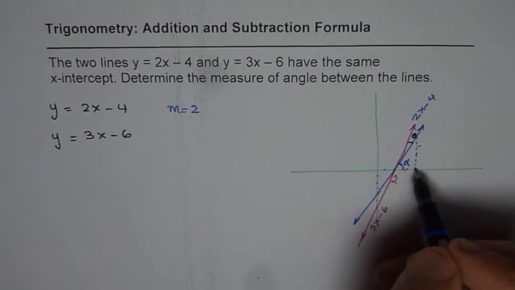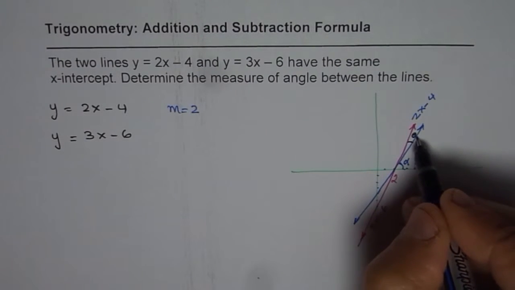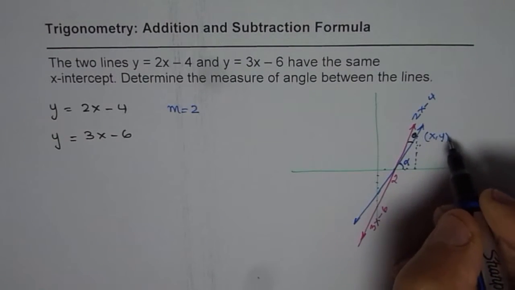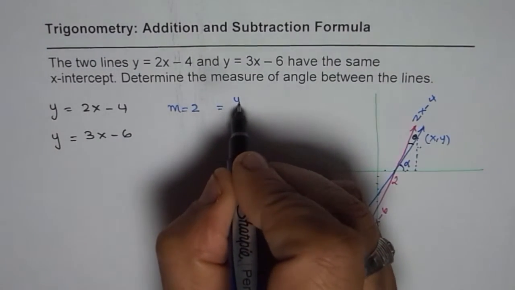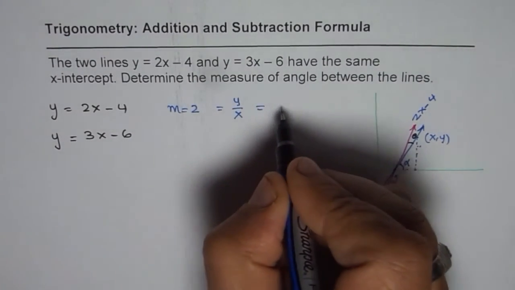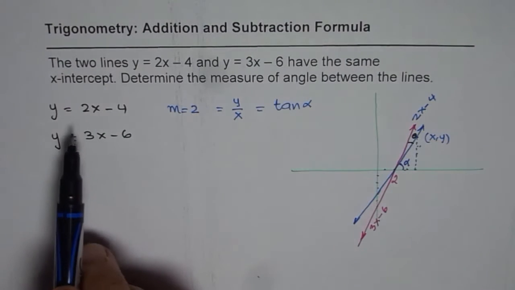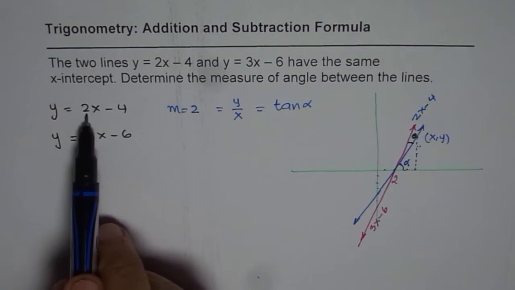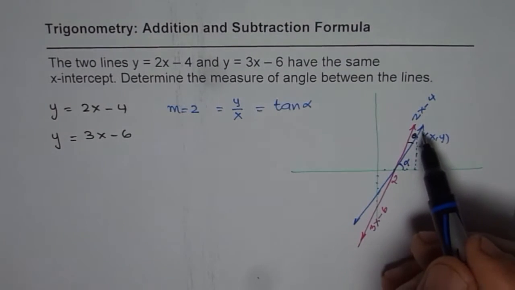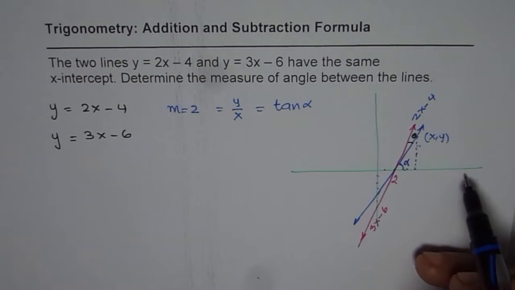So m is 2, which is, in our case, let's say the coordinates of these points are x and y, general points, right? So it equals y over x. Now if this angle is alpha, then that should be equal to tan of alpha. Do you see that? So the slope of the first line, which is 2, really represents the value of tan of the angle which the first line makes with the horizontal.